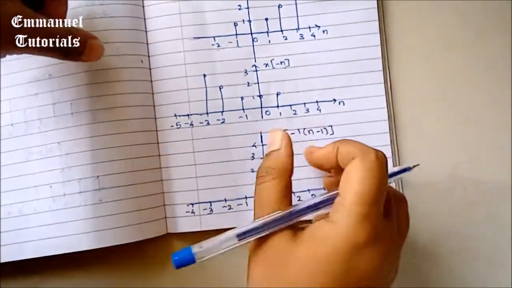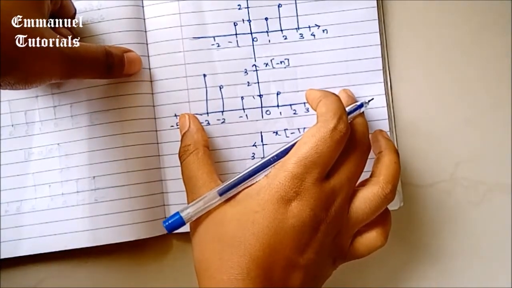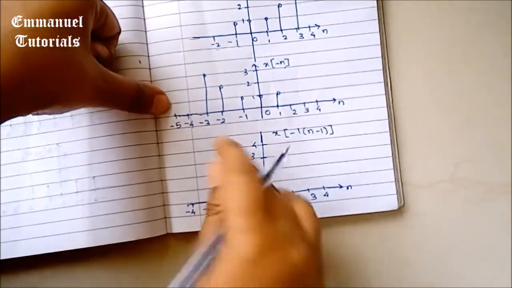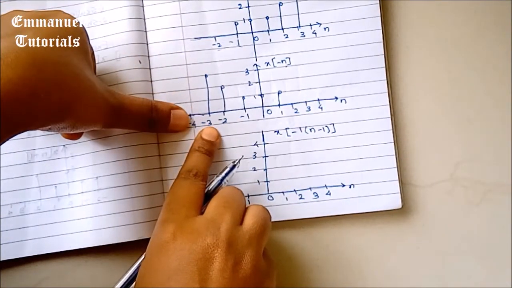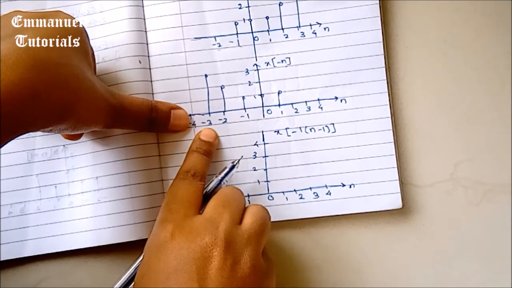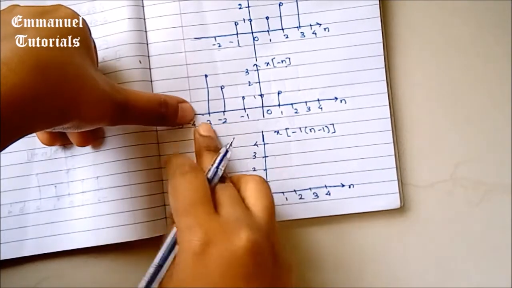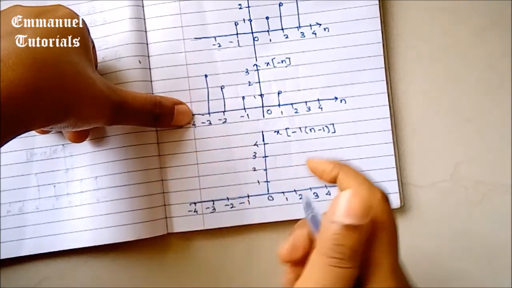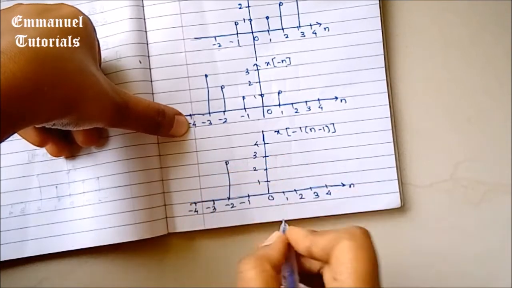So for this function, this is the signal which has to be changed. So shifting the first point by 1 to the right. So -3 will be at -2. So at -3 we have the amplitude as +3. So at -2 the amplitude will be +3 in this signal.